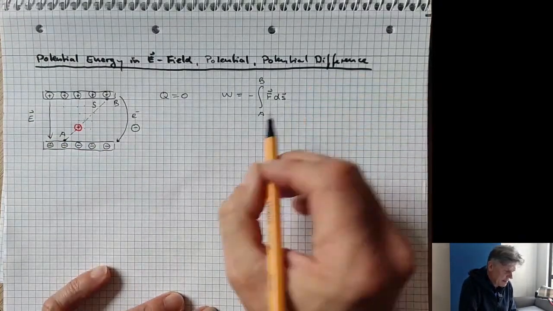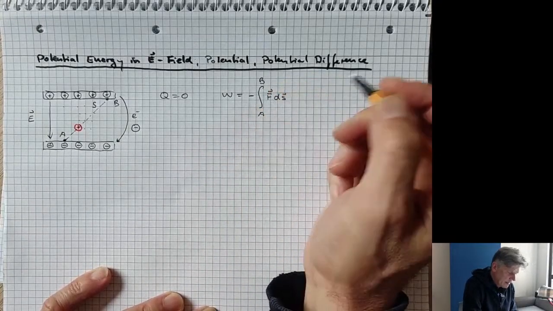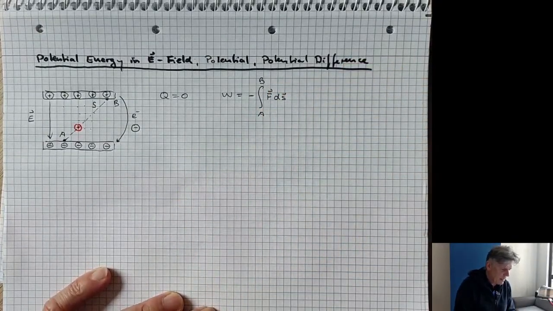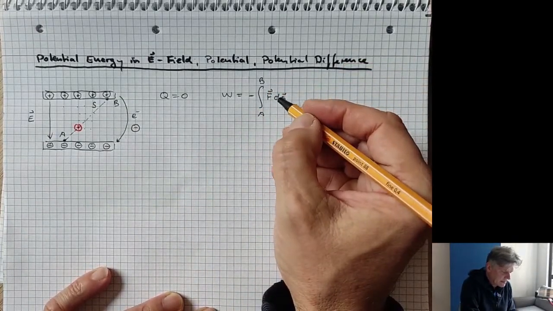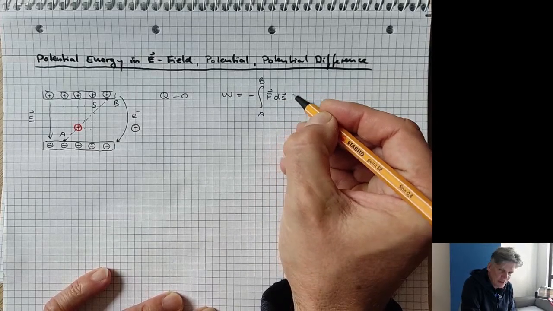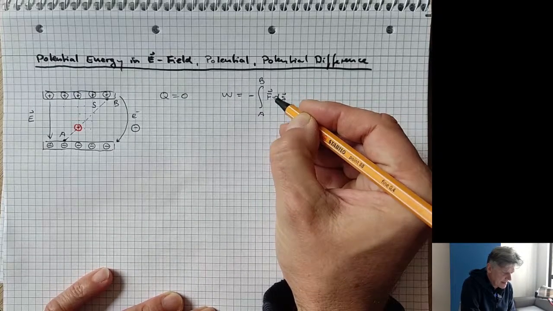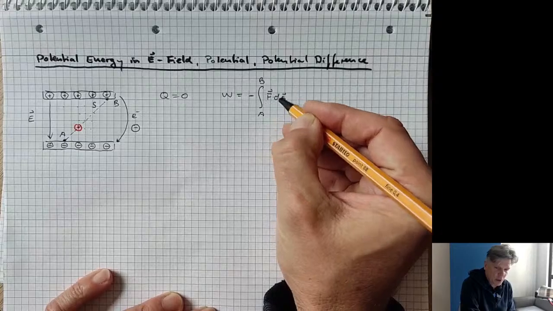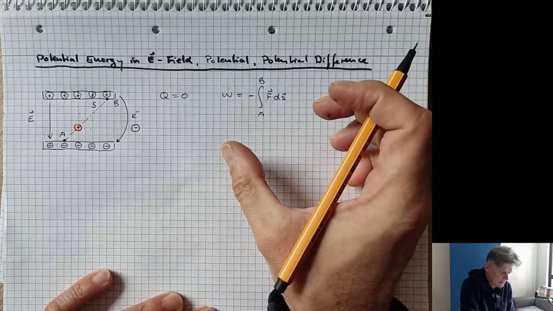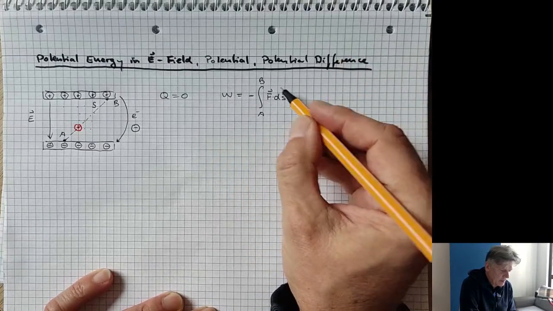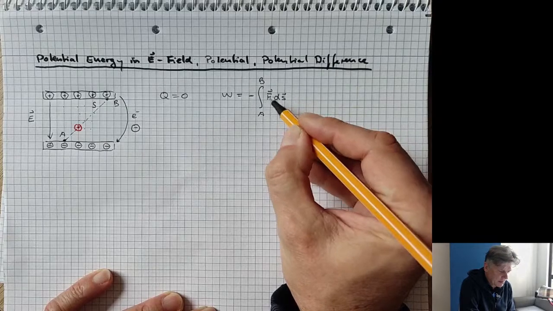And we said that this negative sign is basically the fact that when the displacement ds is acting against the force, so when it's antiparallel, then this scalar product becomes negative.